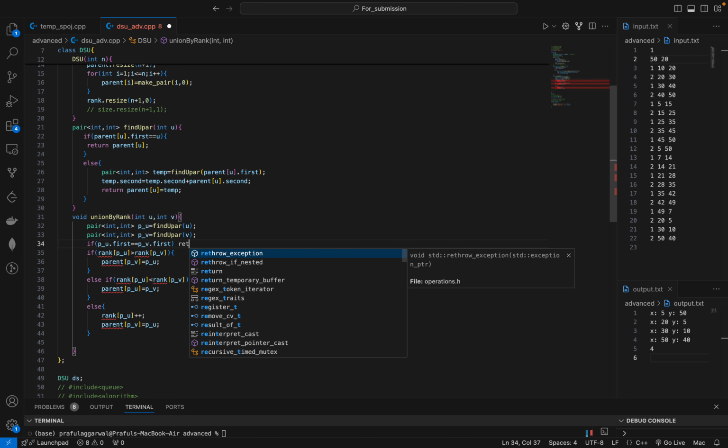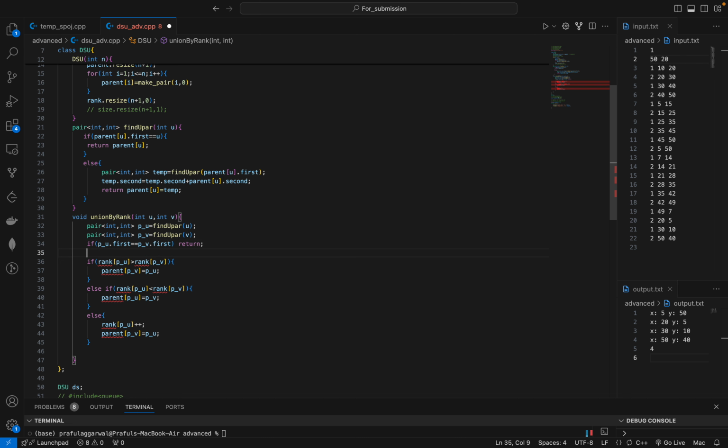We don't need to do anything, right? Now if they are different, then we should merge the parent with lower rank into the parent with higher rank.